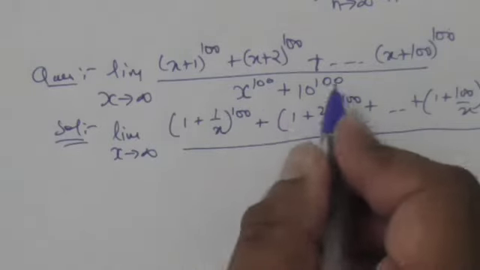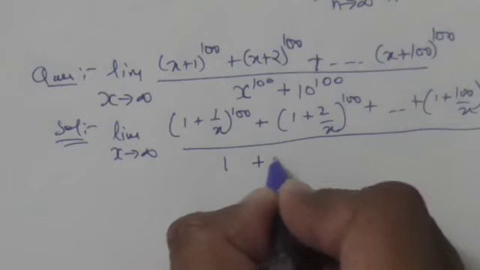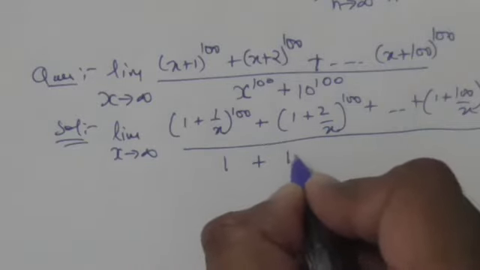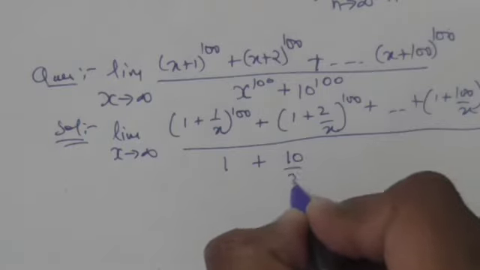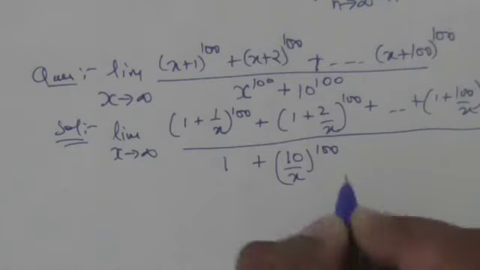Also we have to divide the denominator by x raised to power 100. So we will get 1 plus 10 by x raised to power 100.